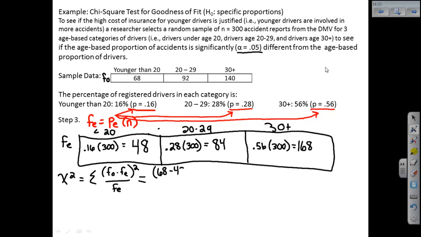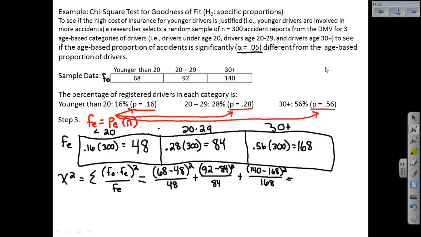We expected 48. Square that, divide by 48. The next group, 20 to 29, we observed 92. Under the null, we expected 84. Squared, divided by 84. Next group, 30 plus, we observed 140. We expected 168. Square that, divided by 168.